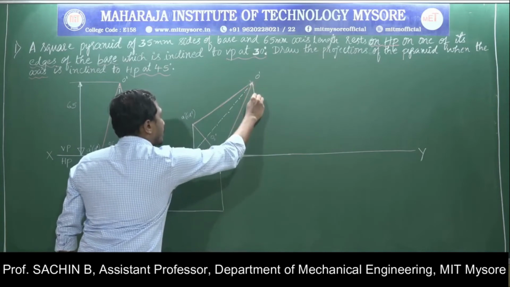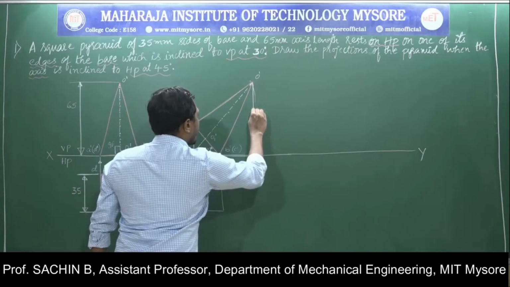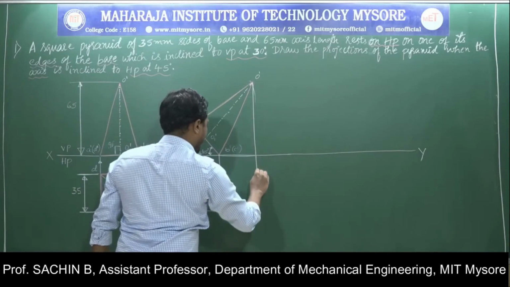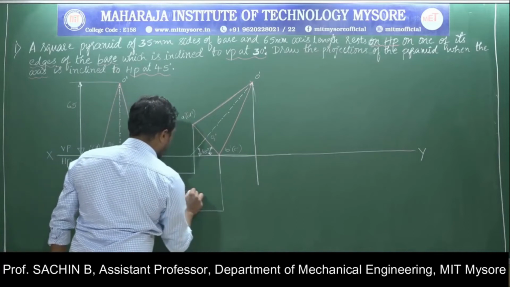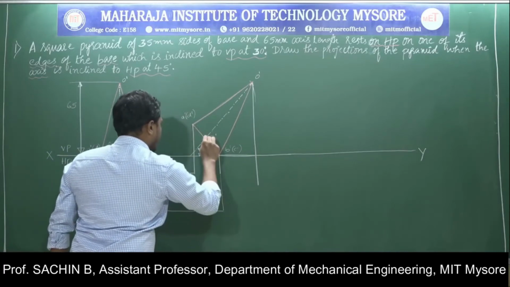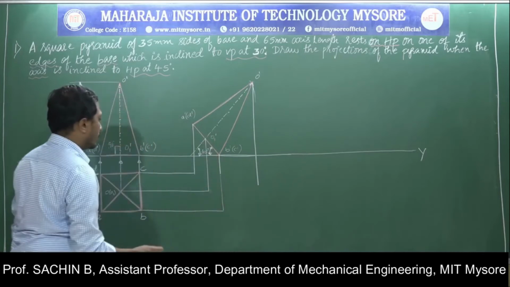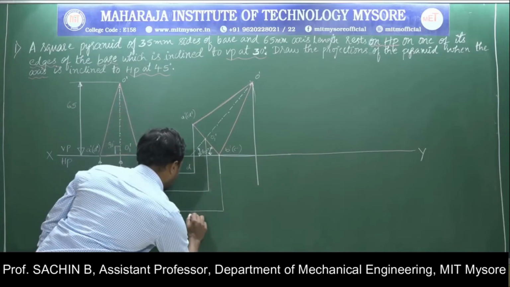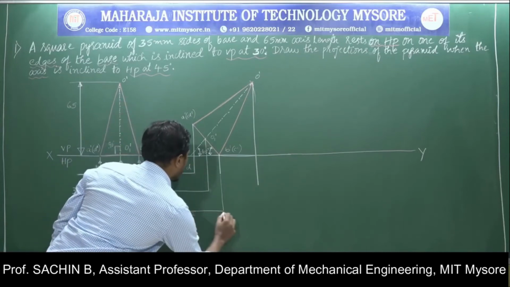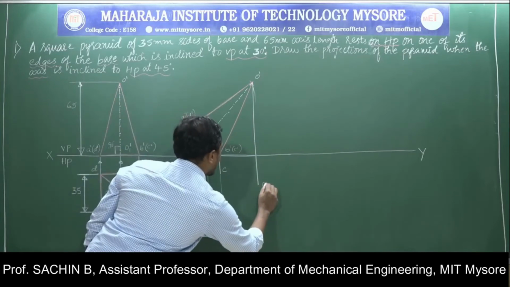Again from the O dash point, I am drawing the projection line. Again from the axis, I am drawing the line. Again from the O1 dash. Now I will go for indicating the points. This is D, this is A, this is B, this is C, this is O.